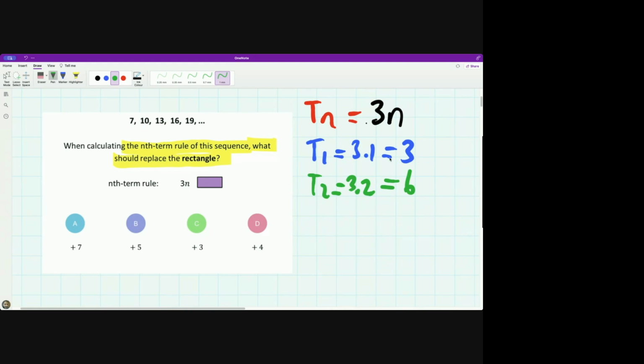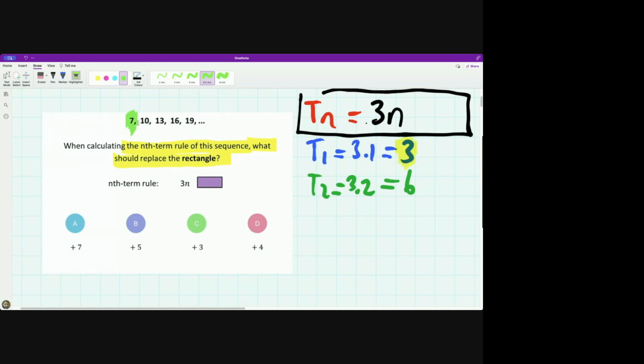So it's almost like we need to make an adjustment to this formula in order to make it fit 7, 10, 13, 16, 19. If you think of the number 3, that's where you are, and you want to get to 7. What do I need to do?